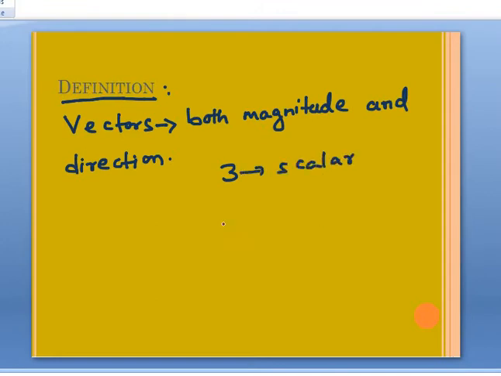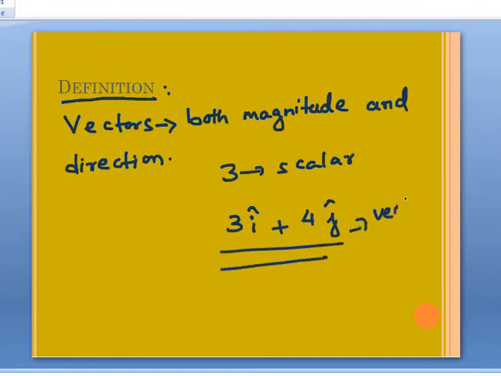Whereas, if you are having a quantity like 3i or 3i plus 4j, then you will classify this quantity as a vector. Why? Because it is expressed in terms of i and j, it is expressed in terms of coordinates. So that is the importance of coordinates in a vector. I hope I am clear.